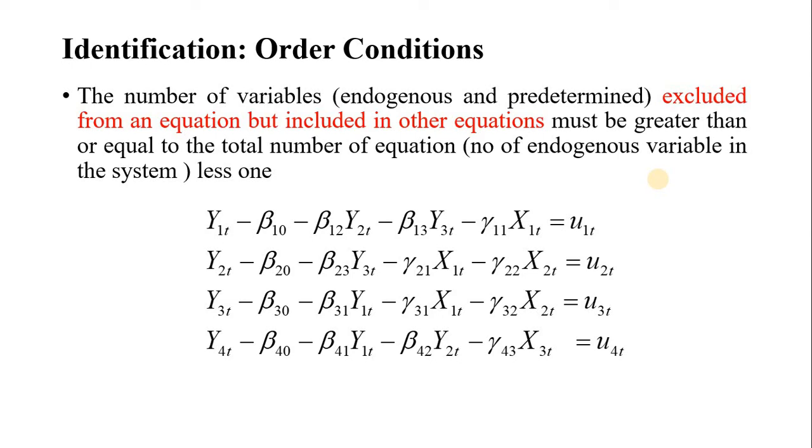Look at this equation: y1t minus beta 10 minus beta 12 y2t minus beta 13 y3t minus gamma 11 x1t is equal to u1.